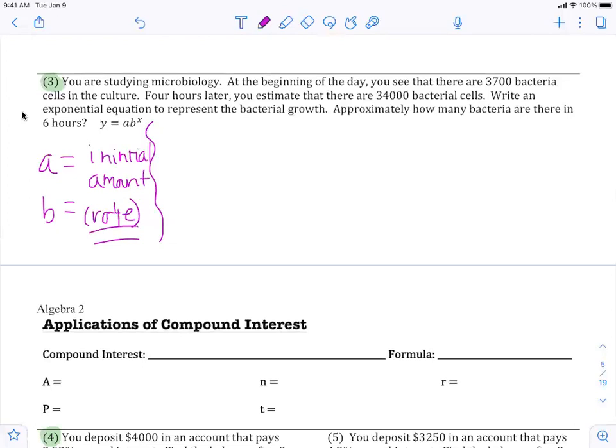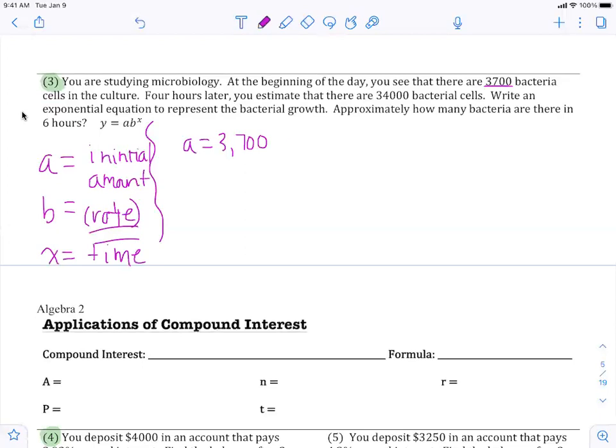They tell me that at the beginning, there's 3,700. So I know for a fact that there are 3,700 bacteria cells in the culture. And it tells me that 4 hours later, t, it tells me my time, which is exactly what x stands for. The exponent in most exponential equations usually represents time.